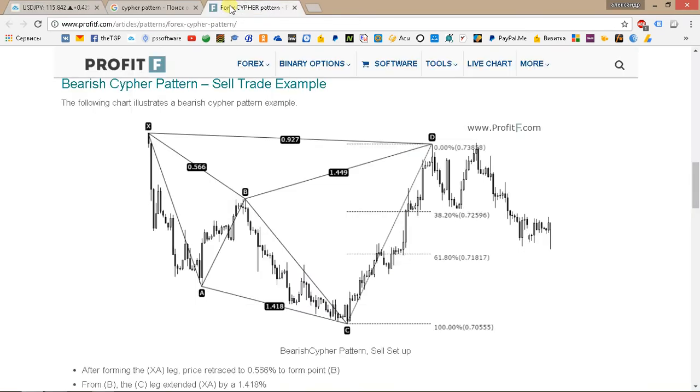Let's go to that cypher pattern, and we can see here that the extension is not 1.41. It is, well, I think it is 127, not more than 127.